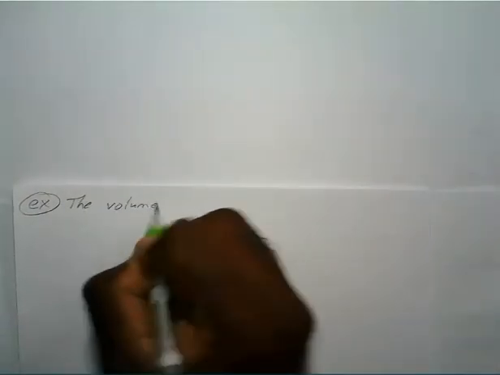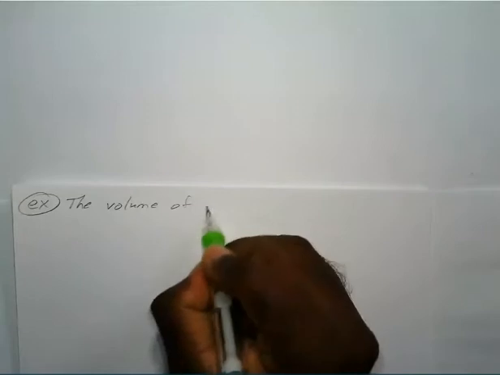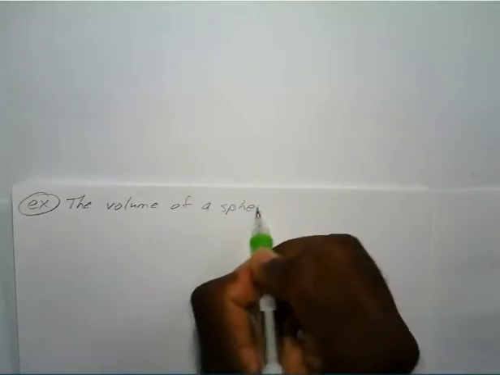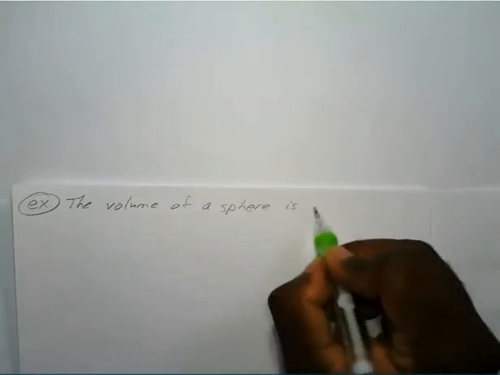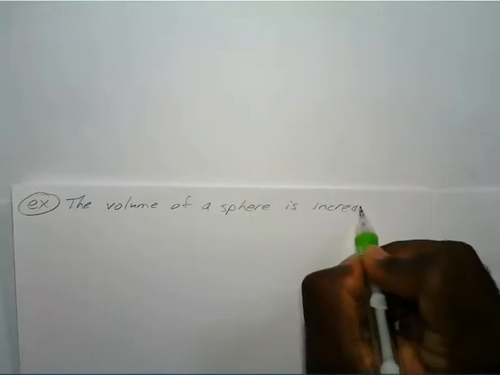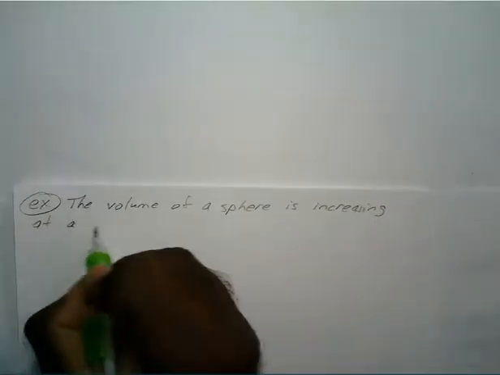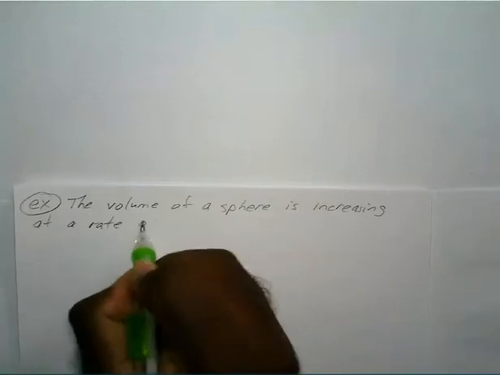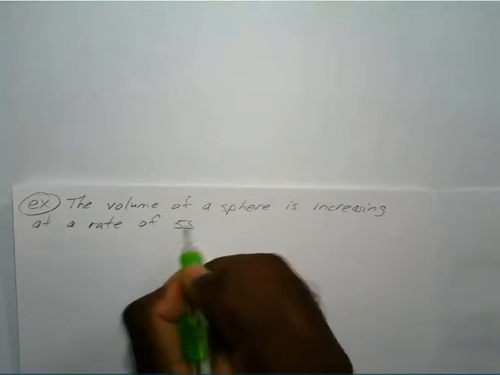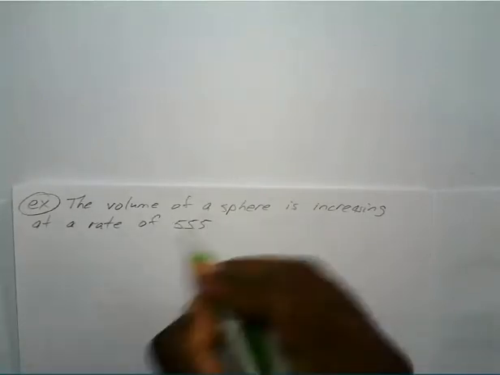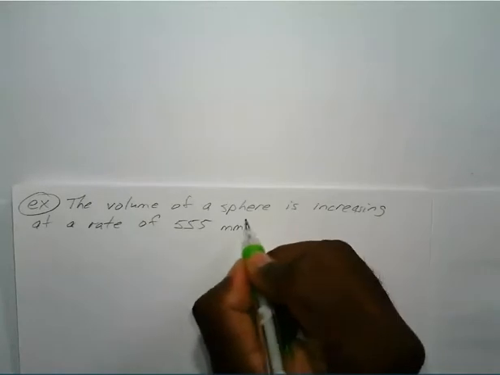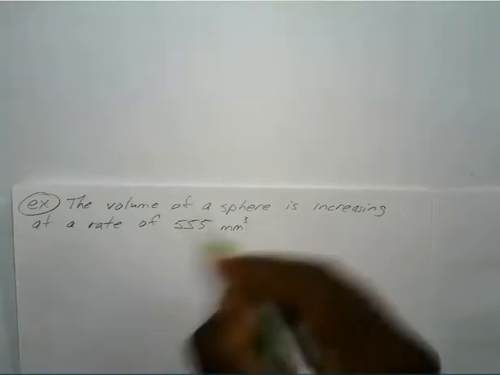Okay, so let's say, for example, the volume of a sphere is increasing at a rate of 555 cubic millimeters per hour.